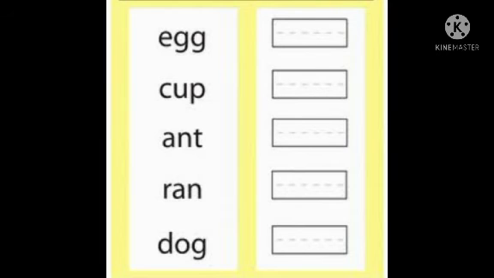So, in the alphabetical order, our first word will be ant. Now, the second letter in the alphabetical order is B. Let us see if there is any word which starts with the letter B. In this list, there is no such word which starts with the letter B.